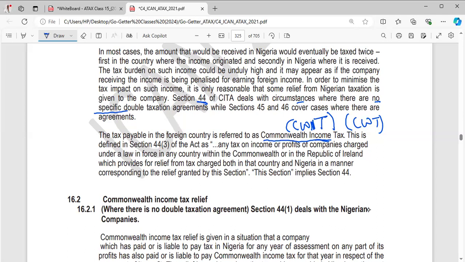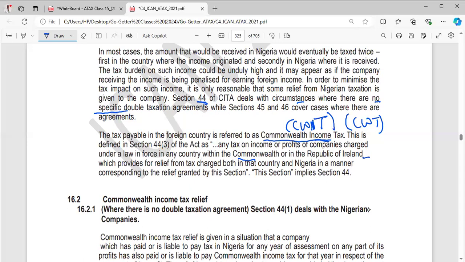All right, so in section 44, subsection 3 of the Company Income Tax Act, it states that any tax on income or profits of companies charged under a law in force in any country within the Commonwealth or in the Republic of Ireland, which provides relief from tax charged both in that country and Nigeria in a manner corresponding to the relief granted by this section.